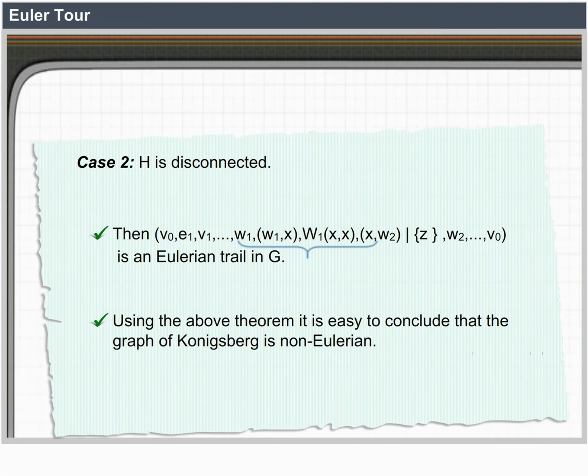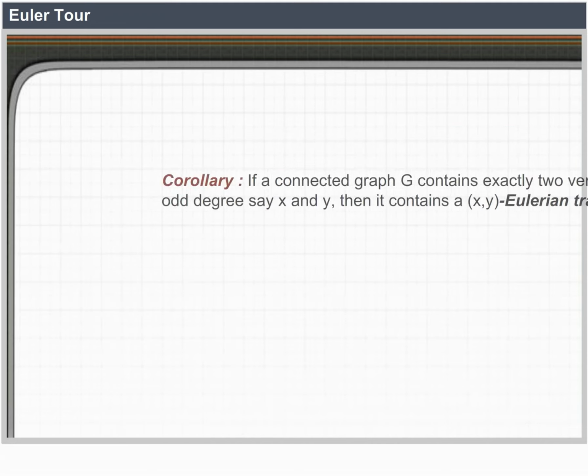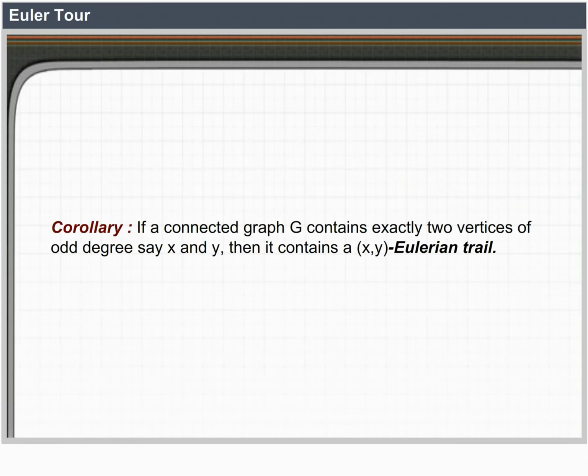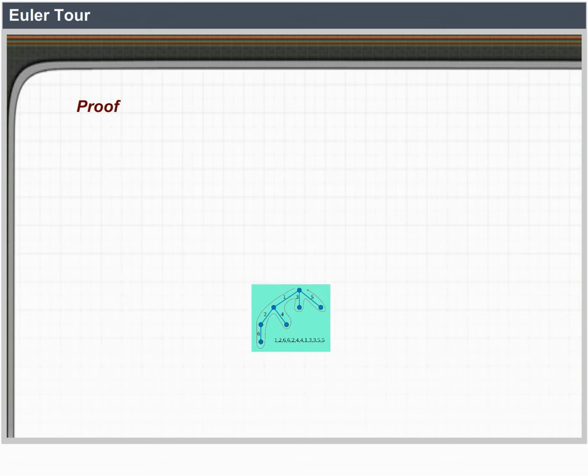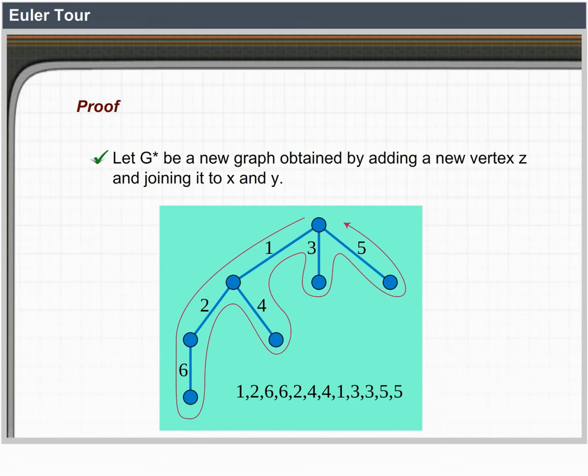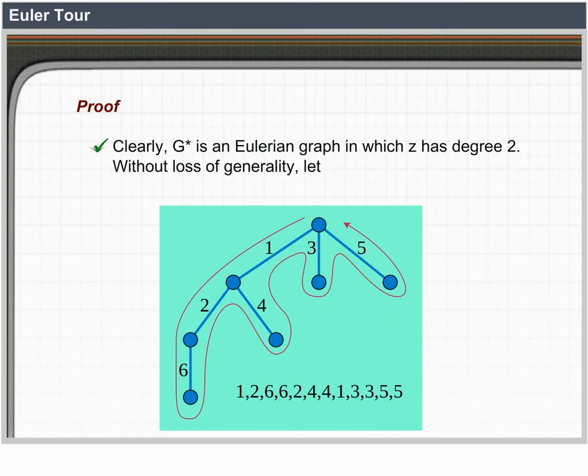Corollary: if a connected graph G contains exactly two vertices of odd degree, say X and Y, then it contains an X, Y Eulerian trail. Proof: let G star be a new graph obtained by adding a new vertex Z and joining it to X and Y. Clearly, G star is an Eulerian graph in which Z has degree 2.